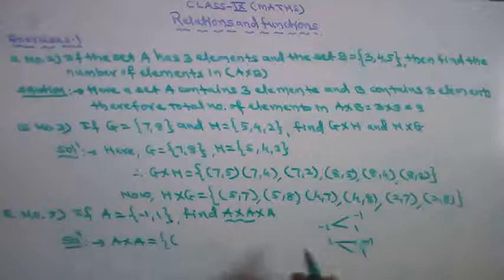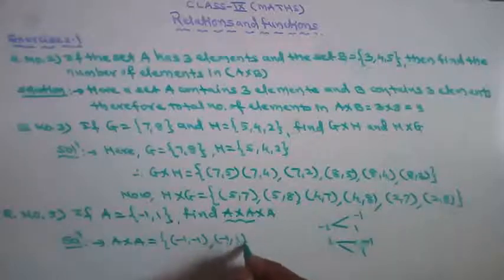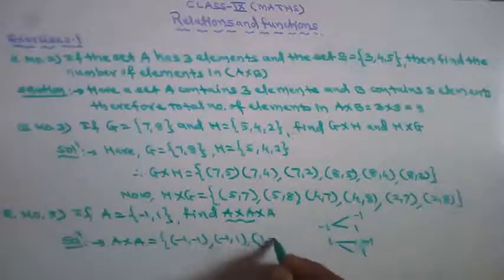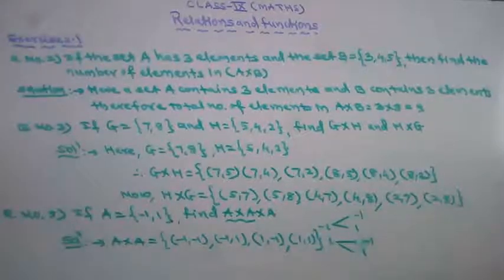So we will get a set: -1 -1, -1 1, 1 -1, and 1 1. This will be A cross A.